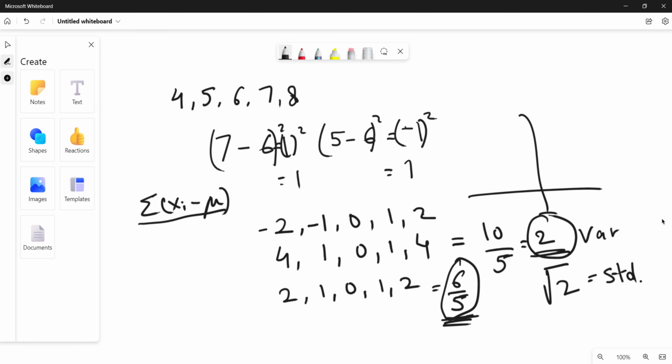Then you divide this whole thing by n, and that's the variance. The standard deviation is just the square root of the variance. And that's all. That's how you calculate the standard deviation and the variance of a sample from a population.